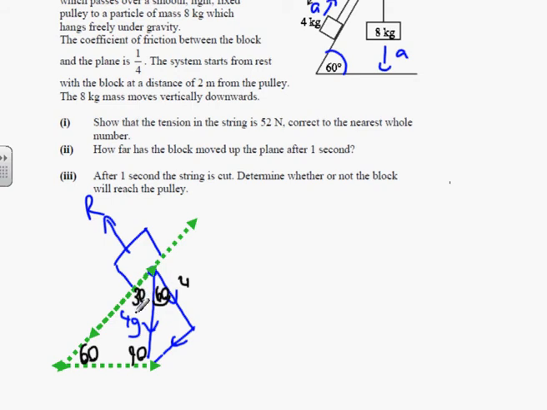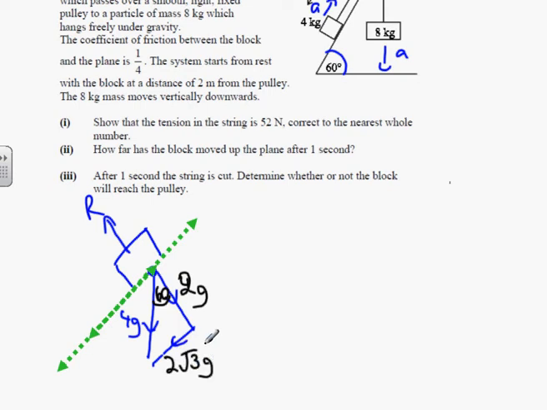And if that's at 90 degrees to each other, makes the other one 60. Long story short, this one here always matches that one in there. So 4G cos 60 and 4G sin 60, which is 2G and 2 root 3 G.